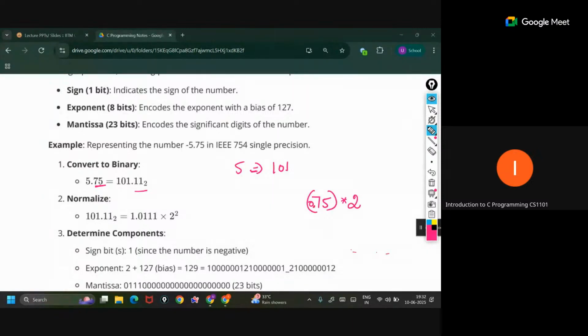So what is 0.75 into 2? 1.5. Yes, we get the value 1.5. So take this 1 separately. That is what we get as 1. Next 0.5 is there. So 0.5 into 2 is 1. So take this integer part, so 1, 1.